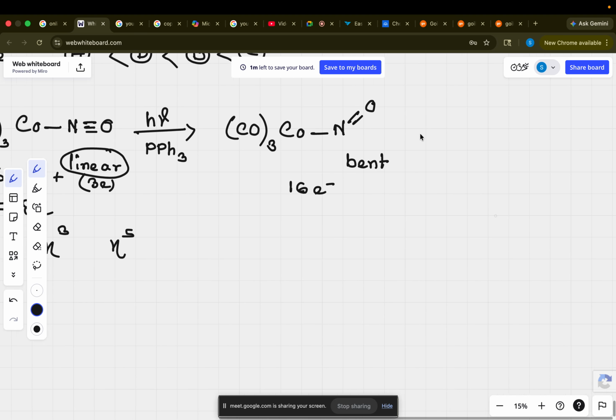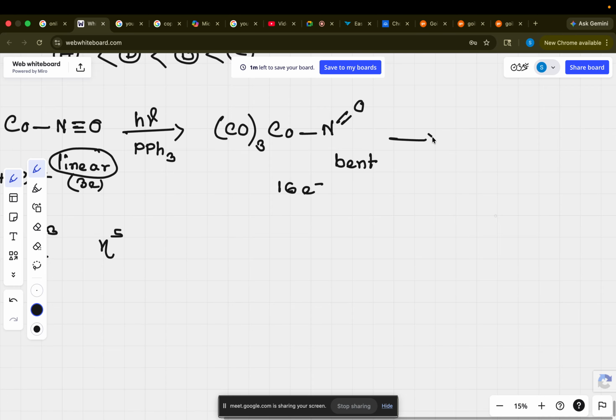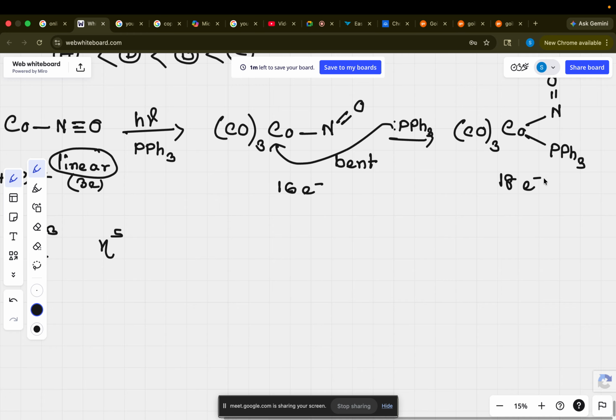Once it gets 16 electrons, PPh3 will donate electrons to the metal center, not to the nitrosyl. So here I have Co(CO)3, then you have cobalt, the nitrosyl ligand is attached here, and PPh3 is also attached here. So again you are getting 18 electrons.